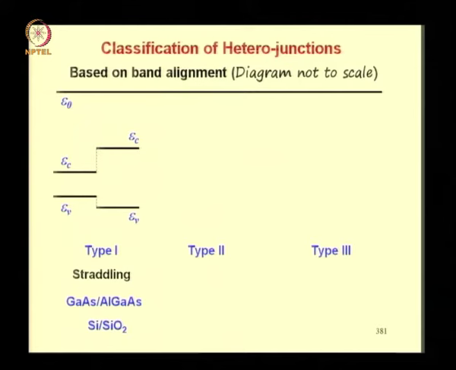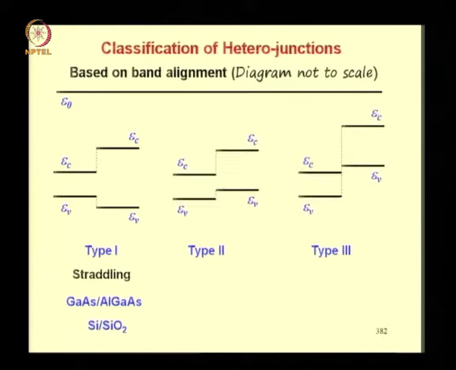Now let us look at type 2 and type 3. In these two types of heterojunctions, the conduction band and valence band edges on one of the sides are moved up relative to the conduction band edge and valence band edge of the other side.